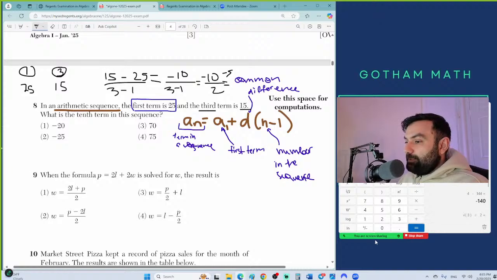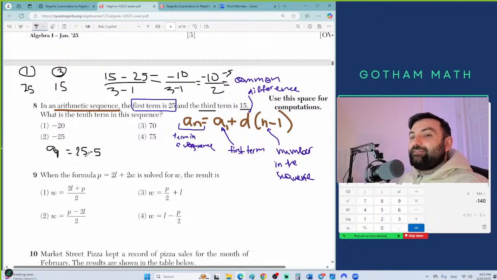It's going to be AN. Actually, they say 9th term, so A9. The 9th term is what they're looking for. You don't have to write it, I'm just showing you how it technically looks. First term, which is 25, plus the common difference we just found, negative 5, so technically minus 5.